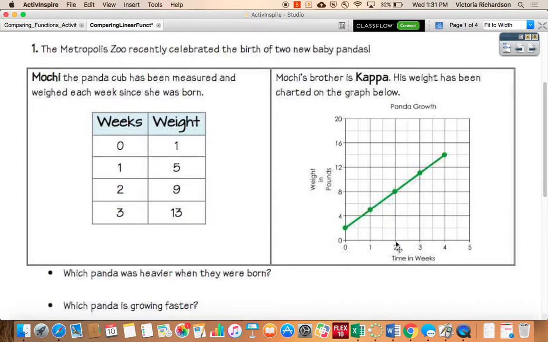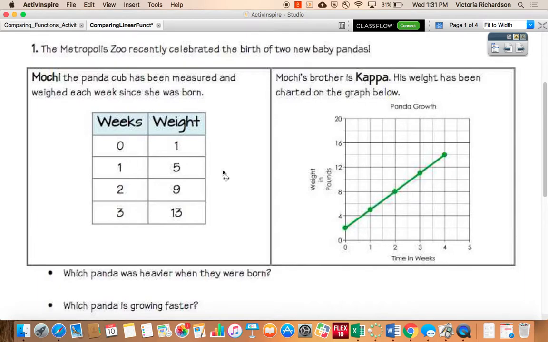And then at 2 weeks, the panda was 8 pounds. At 3 weeks, the panda was about 11 pounds. And at 4 weeks, the panda was 14 pounds. So we can do all that from looking at the graph and comparing it to the table for Mochi.